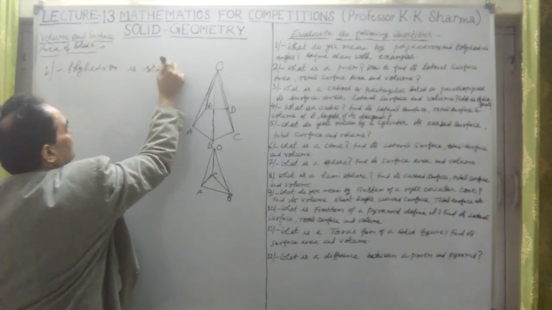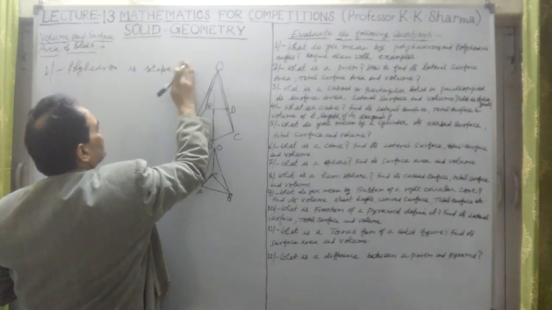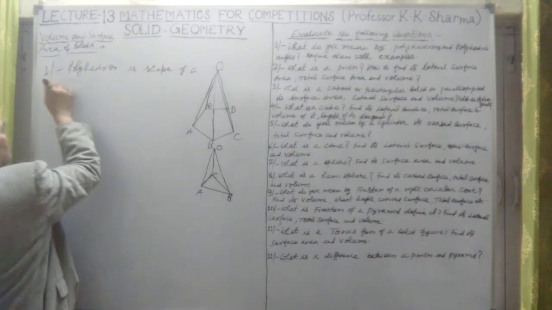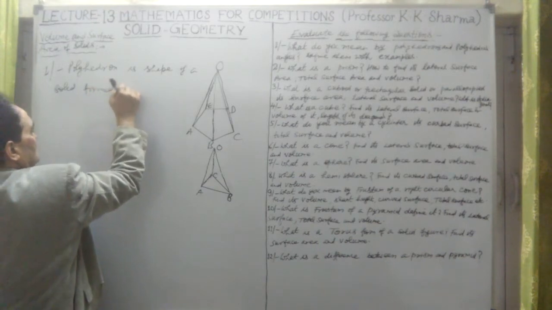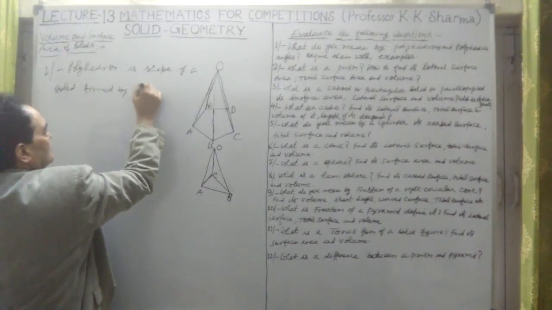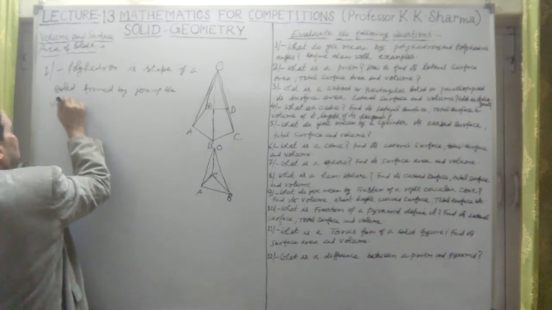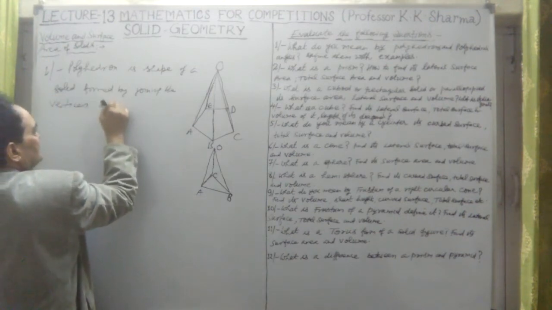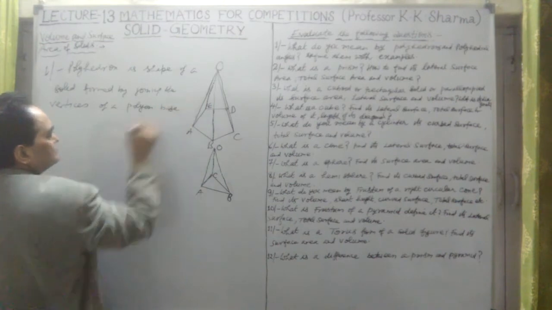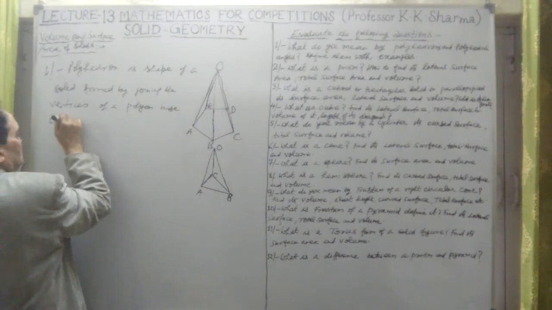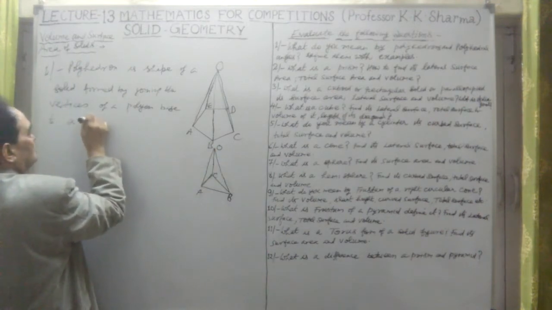Each shape of a solid formed by joining the vertices of a polygon base to a vertex, to a point.